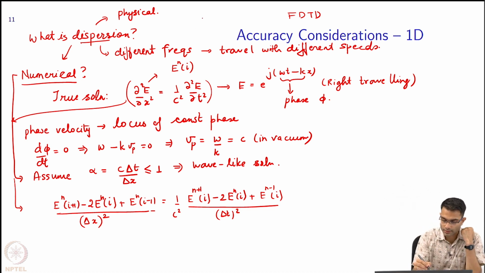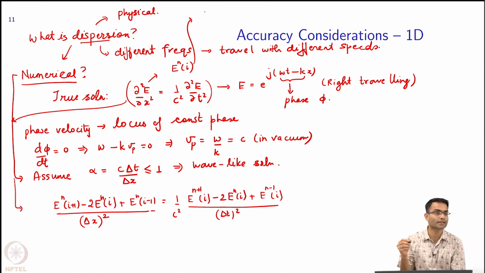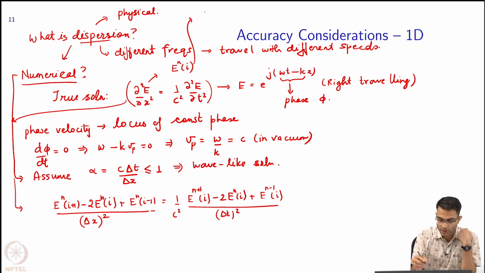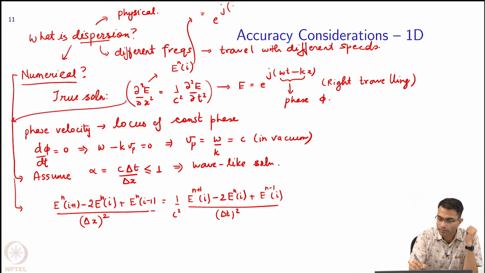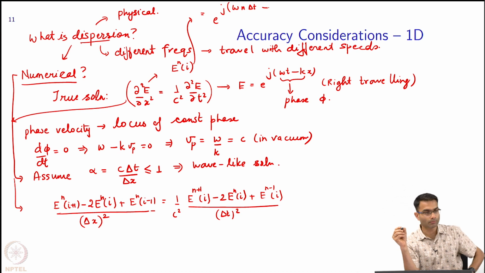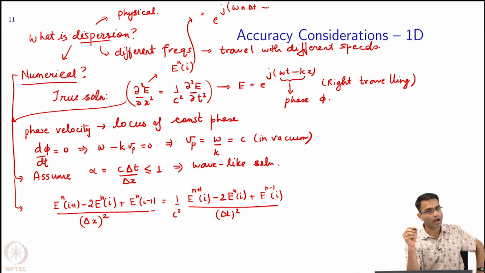And this E n I itself is shorthand notation for, remember, it is a wave like solution with space and time being discretized, right. So, this simplified expression is e to the j, time will become omega n delta t, and space will become k I delta x.